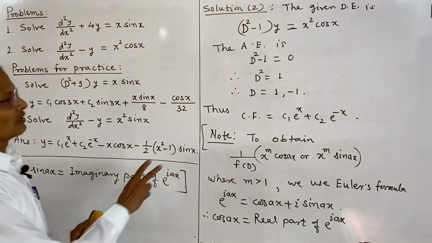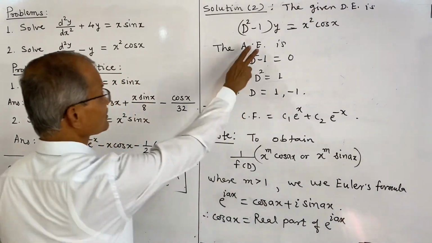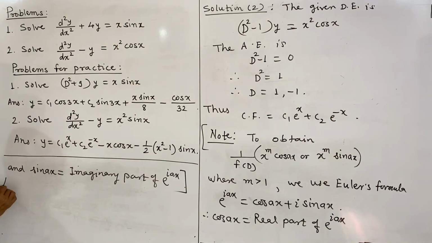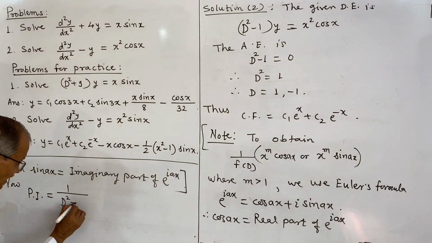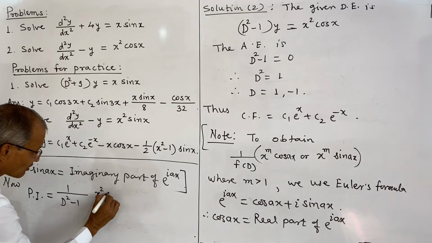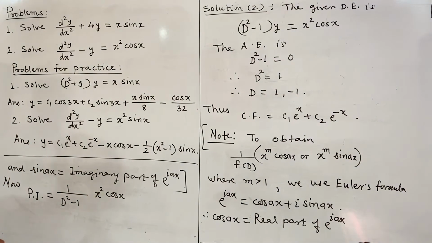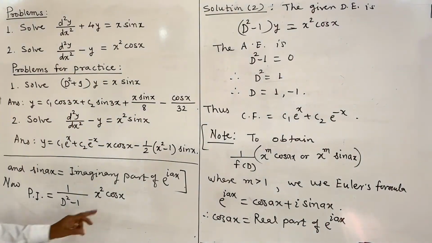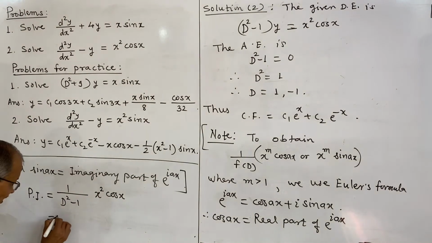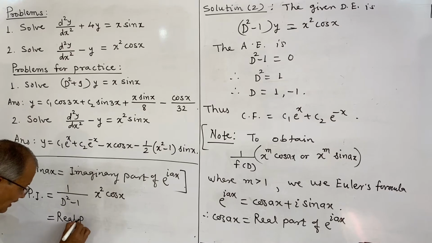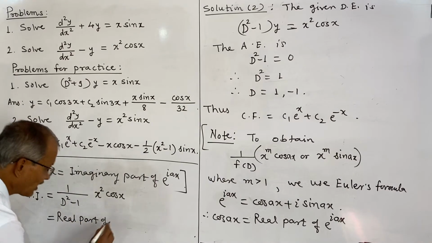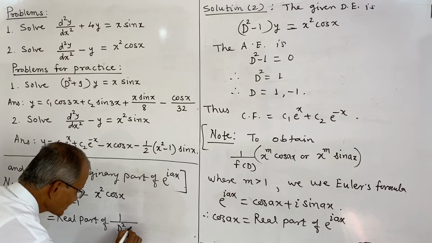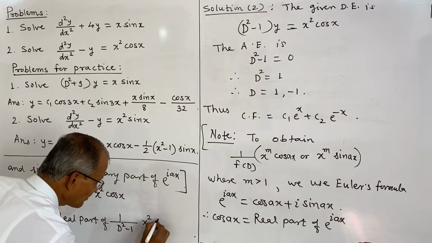Now we shall find the particular integral of this equation. The particular integral PI is equal to 1 upon D square minus 1 of x square cos x. Cos x will be the real part of e power ix, a is here 1. So we write this as the real part of 1 upon D square minus 1 of x square e power ix.